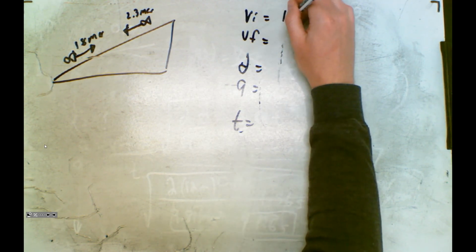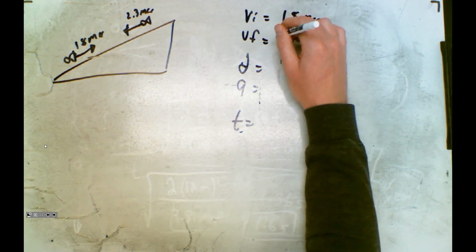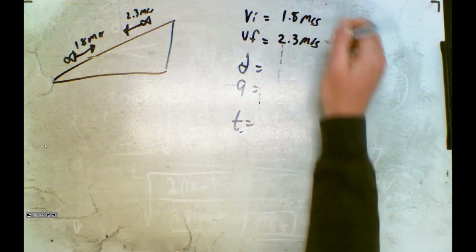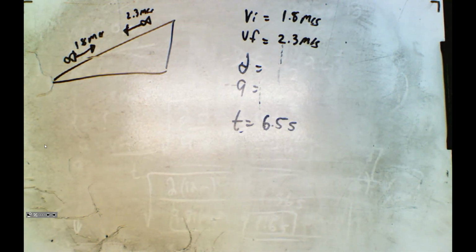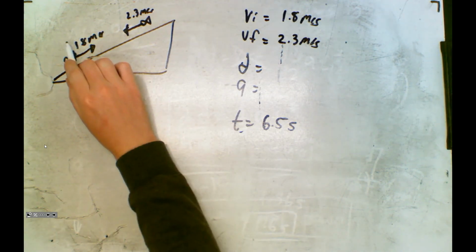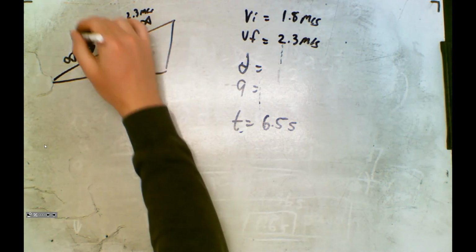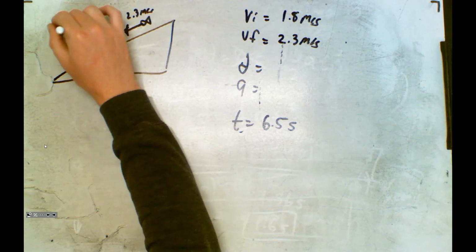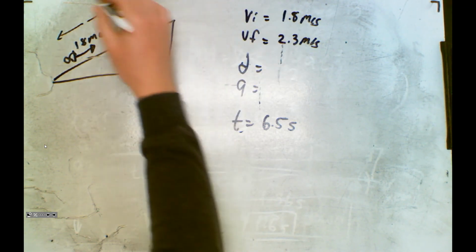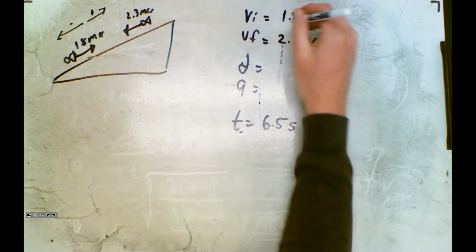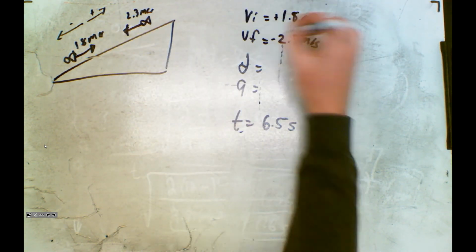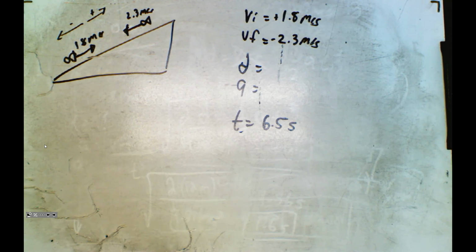Initially, it's 1.8 meters per second. Finally, it's 2.3 meters per second, and it does this all in a time of 6.5 seconds. But this is going up, this is going down. So we need to say that one of them is positive and negative. It doesn't matter which one is which. So I'll make this positive, this negative. So initially it has a positive velocity, and finally it has a negative velocity because it's down the hill.